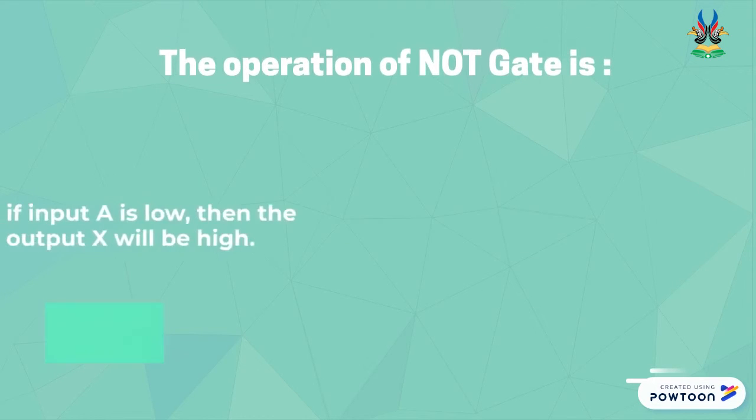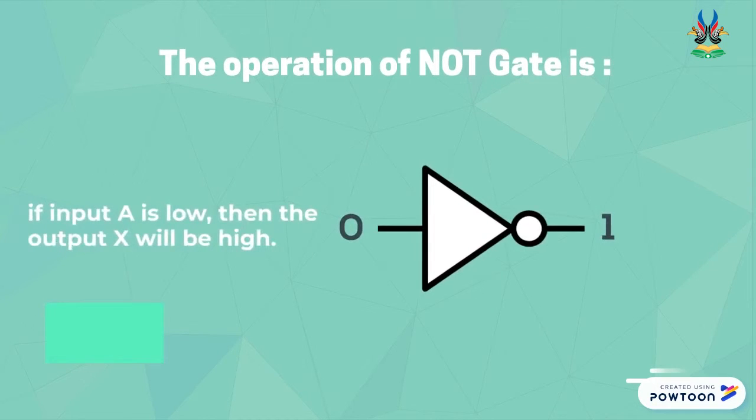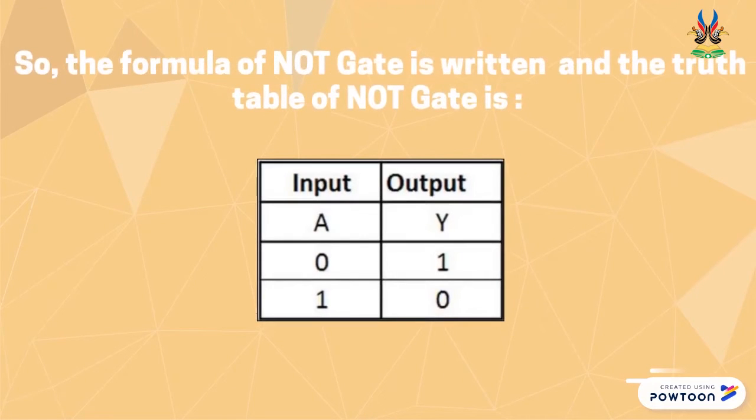If input A is low, then the output X will be high. So the formula of the NOT gate can be written X equals complement of A. This is the truth table of the NOT gate.